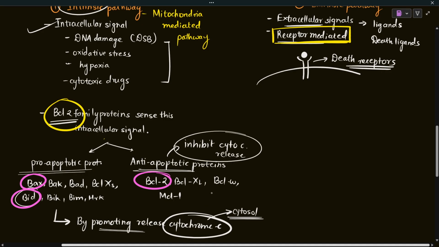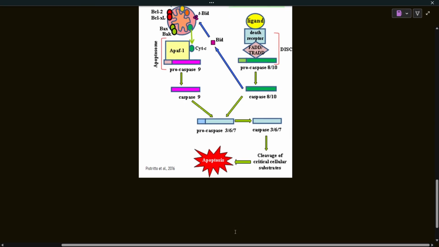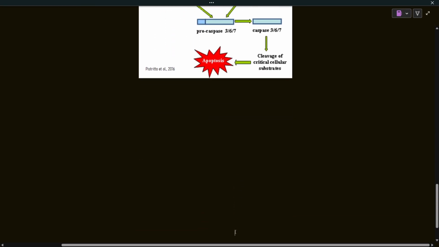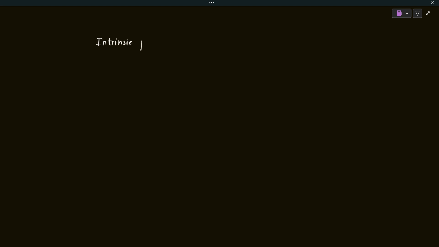So let's see what downstream signaling happens when cytochrome C is released. In the intrinsic pathway, there are some factors listed here.